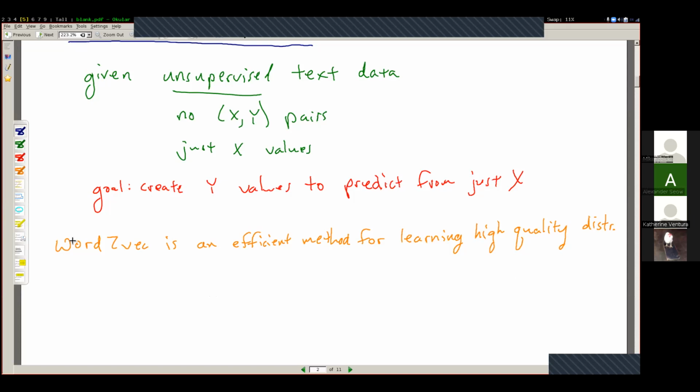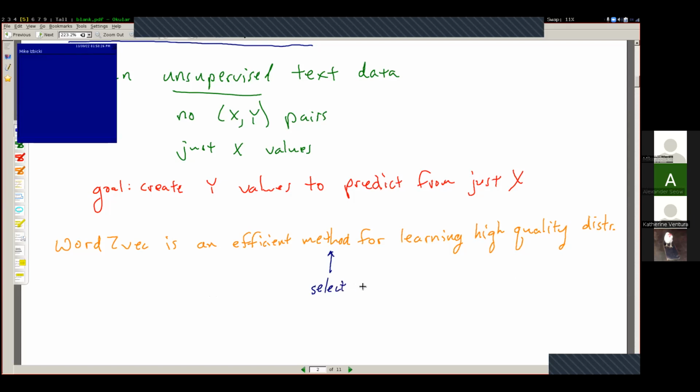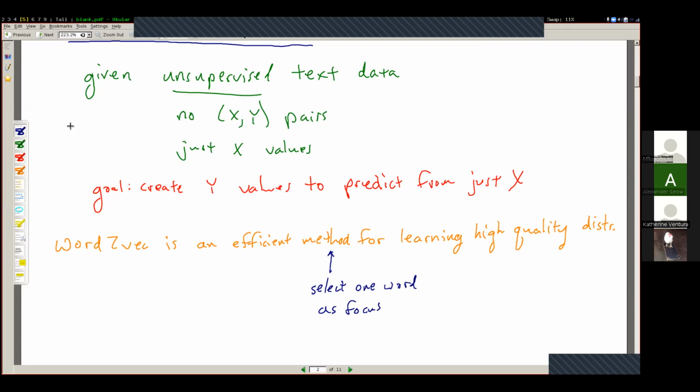The text can be from any domain, but this is what we have. We select one of these words, we'll select method here, as the focus word. Eventually, we'll go through selecting each word in turn as the focus word, but each individual data point will be generated from one word being the focus word.